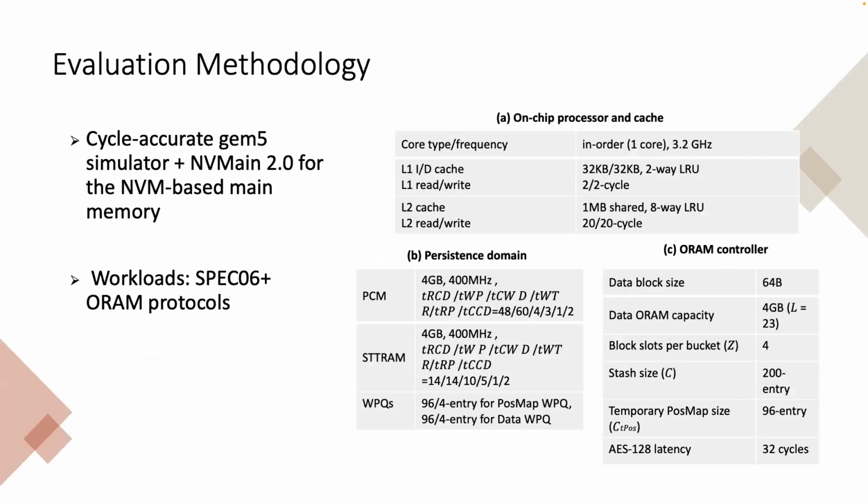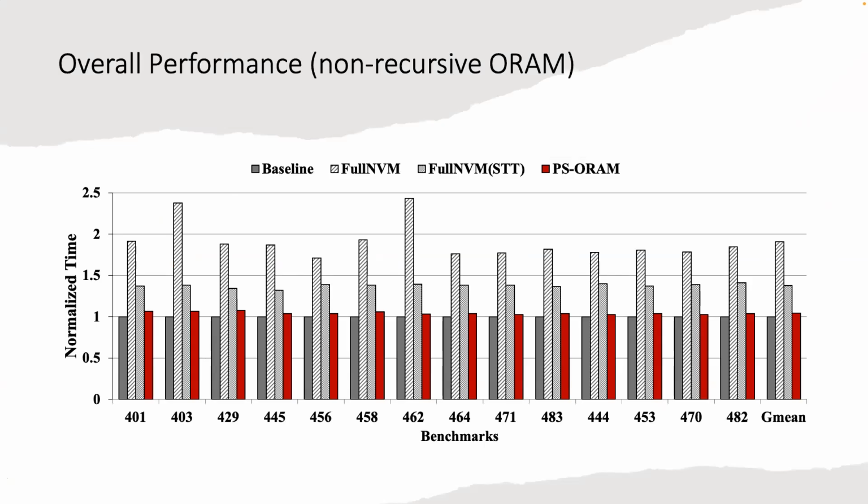We use the cycle-accurate gem5 plus NVMain to simulate the system, and the workload includes several SPEC benchmarks, plus our ORAM parameters listed in the tables on the right. First, we show the overall performance of non-recursive PS-ORAM compared to a baseline ORAM system without the crash consistency support.